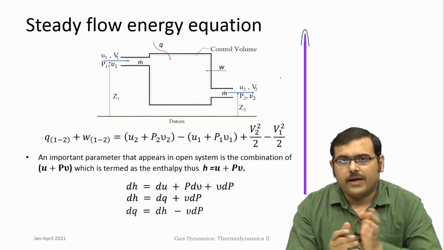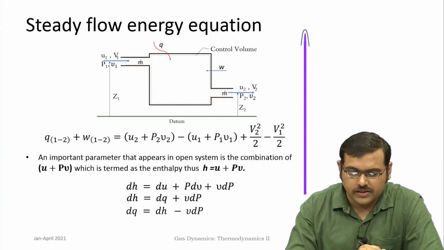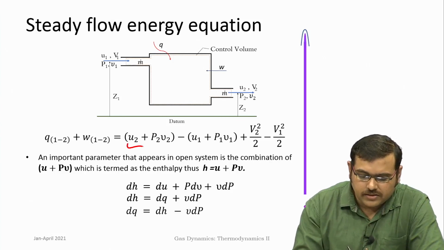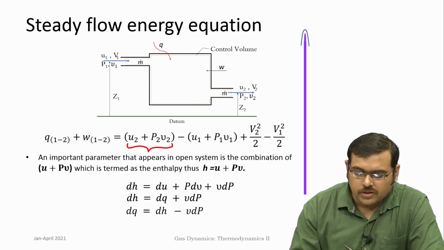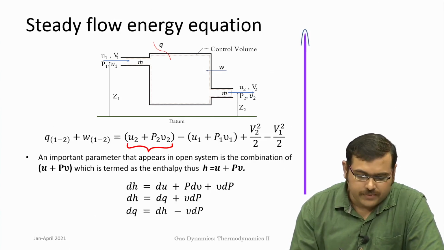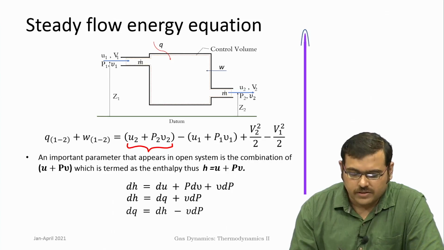Then when you look at the balance of the energies and the work done and the heat exchange, there is the quantity called the flow work that always comes into picture, and this gets clubbed with the internal energy. They form a group U plus PV, and this term is known as the enthalpy, and it appears when considering flow kind of situations.